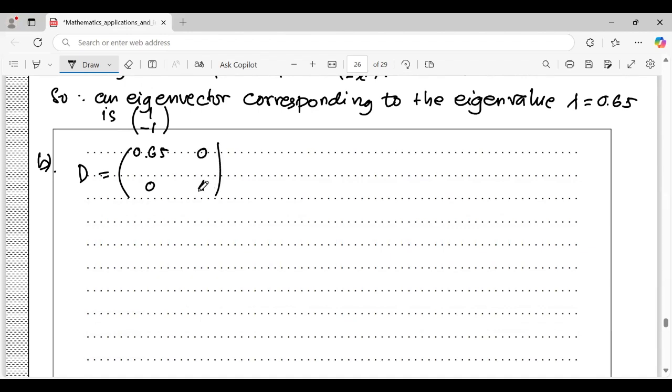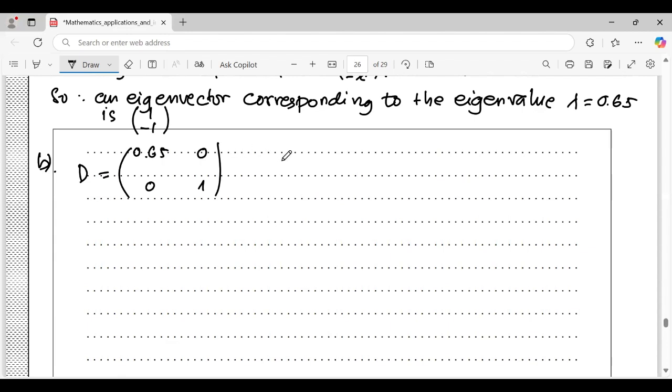The n power of a diagonal matrix is the diagonal matrix with its diagonal elements raised to the n power.